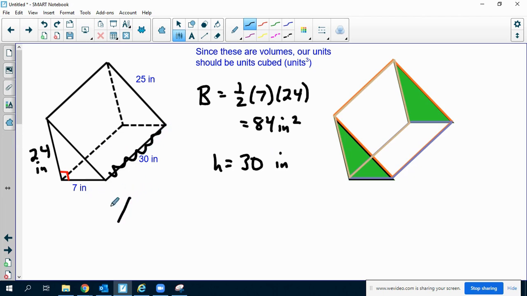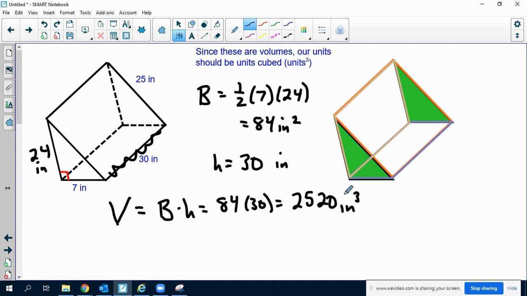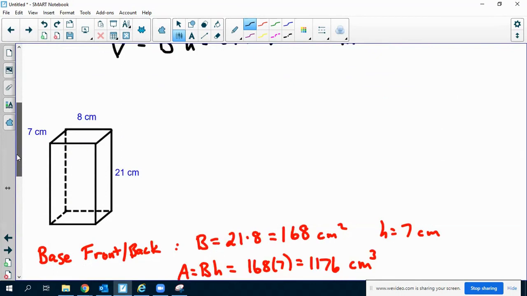So that volume is going to be area of the base times the height, which is 84 times 30, which is 2,520 inches cubed. Notice that volumes are inches cubed or units cubed because I'm finding a three-dimensional thing.